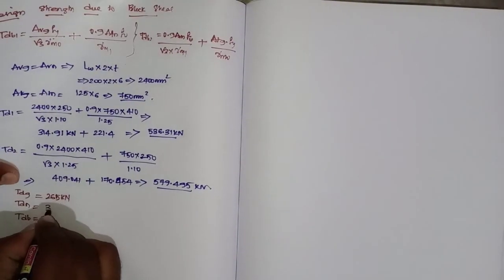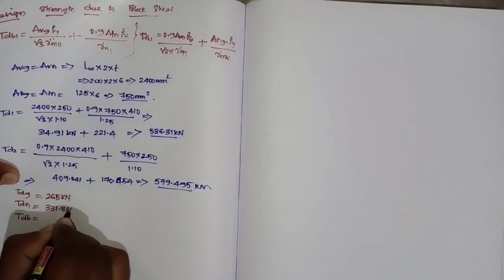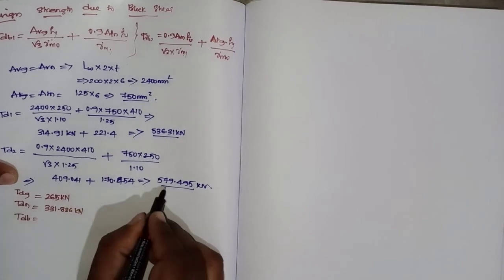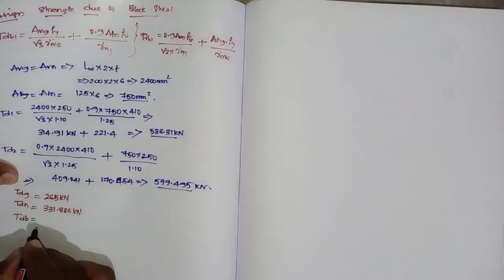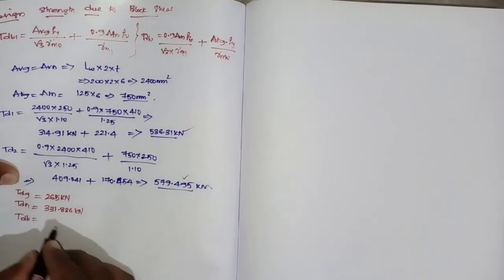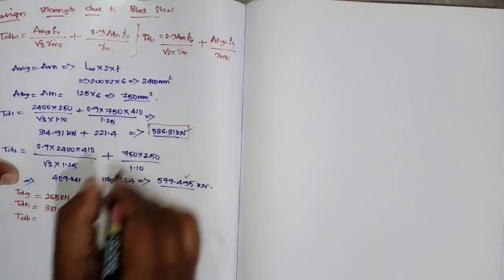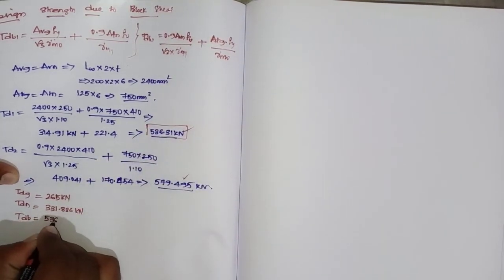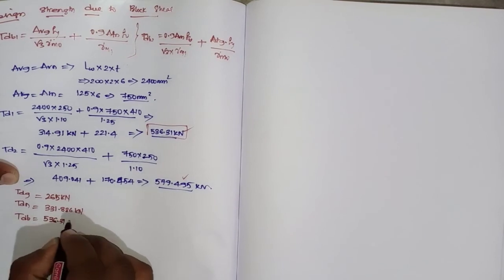Next one is 334.886 kilonewtons, and from here TDB will be what? Lesser of TDB1, TDB2. So this one is 536.31 kilonewtons.